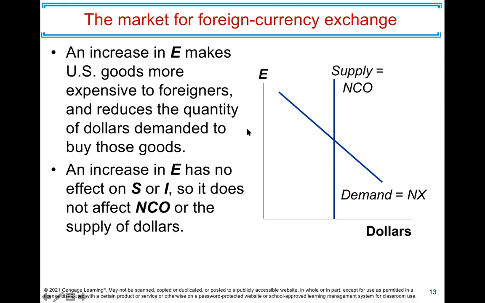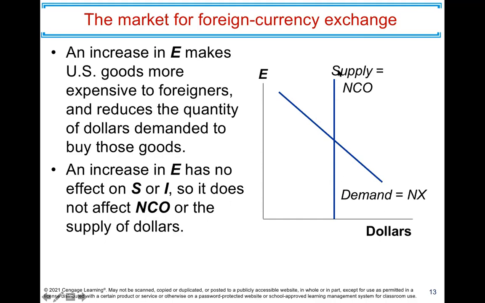If the exchange rate was quite high or quite low, the supply of dollars does not really care, only the demand side. If the exchange rate was high or low, the supply of dollars wouldn't really change at all. And it's kind of determined by other factors, as you'll see. So an increase in E has no effect on S or I, so it does not affect NCO.